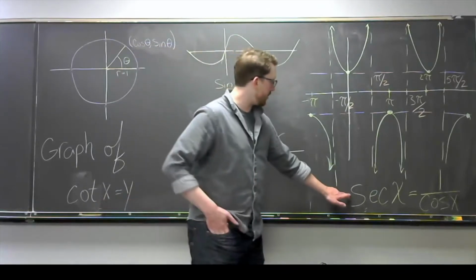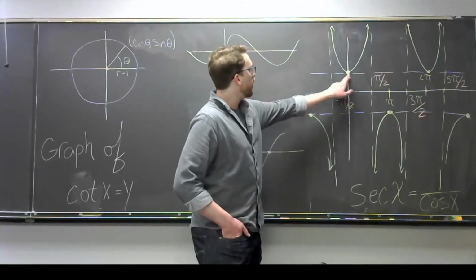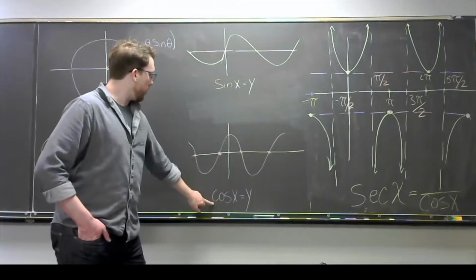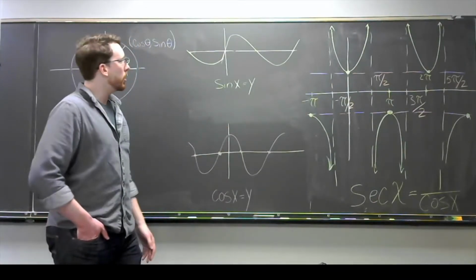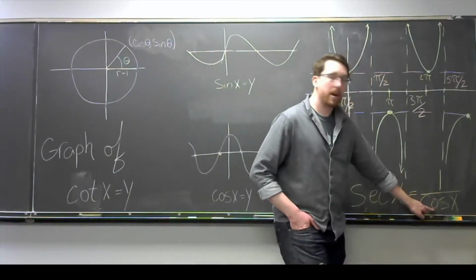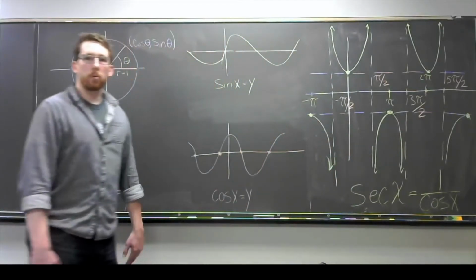Notice secant is equal to 1 when x is equal to 0, just like cosine is equal to 1 when x is equal to 0. Well, this makes sense because secant is 1 divided by cosine of x. So 1 divided by 1, we're going to get 1, cool.